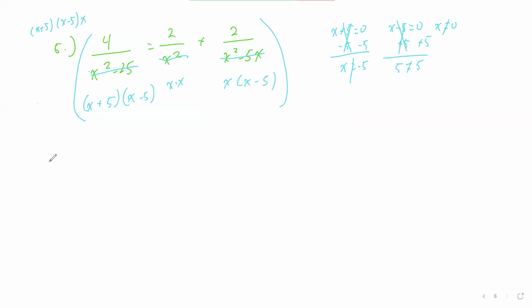Let me write out everything first, and this will help you too, just in case you miss something. I didn't notice I'm going to need another x, so I'm going to multiply by what I think is the least common denominator.